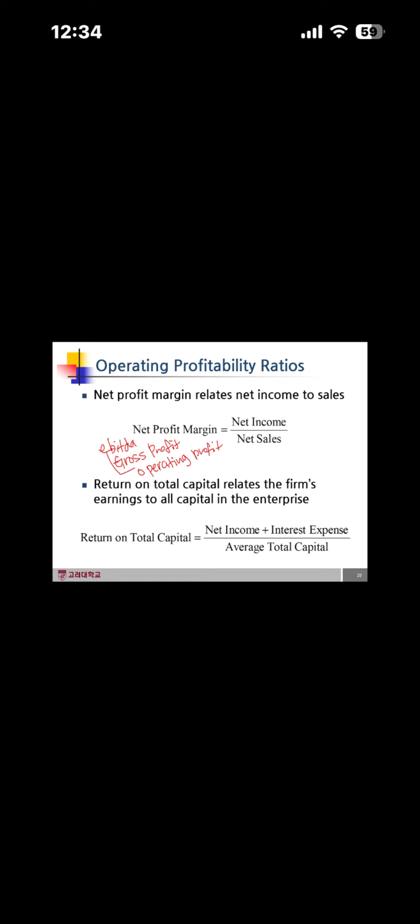Okay, a high net profit margin means that a company is able to effectively control its cost and provide goods or service at a price significantly higher than its cost.